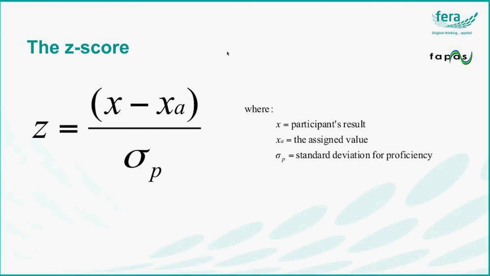This includes the participant's result, the assigned value, and the statistic sigma p, which is the standard deviation for proficiency. This section of the webinar looks at how we derive the assigned value and how we derive the standard deviation.